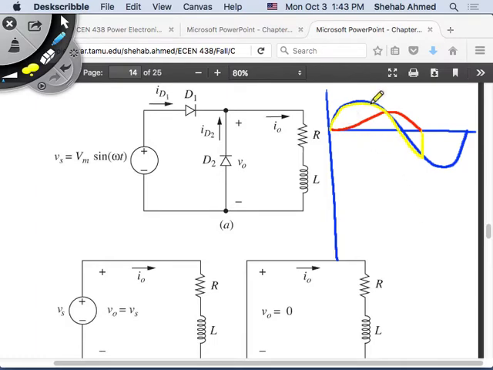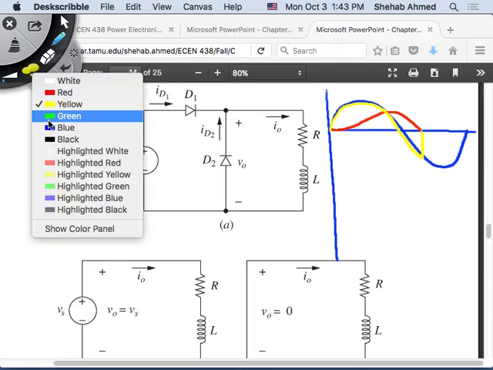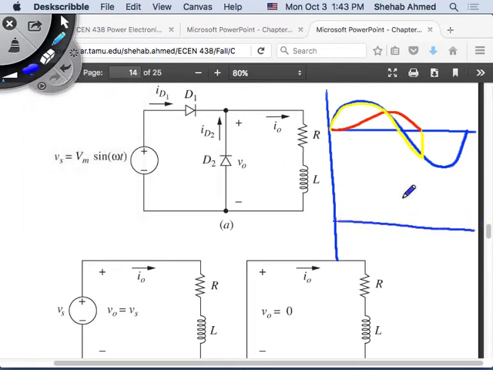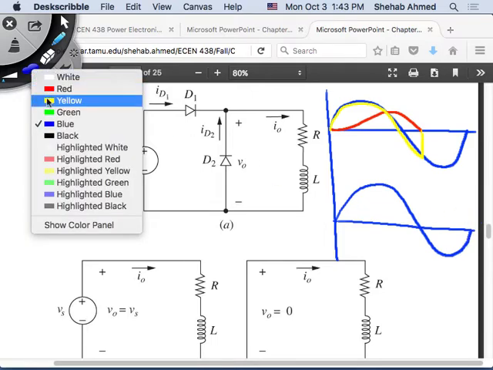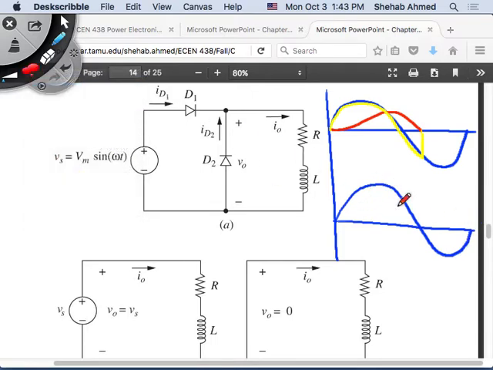This is the input voltage, the output current, and output voltage. How about when I added the freewheeling diode? Input voltage doesn't change. How about the current? Load current, output current, I output. Is it going to change?